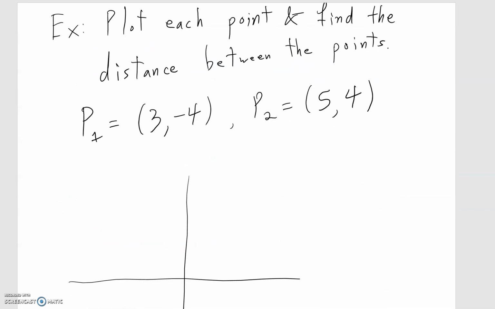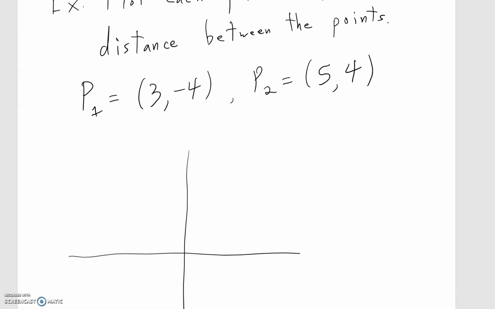So in this example, you need to plot each point and find the distance between the 2 points. The first point, P1, has coordinates 3, negative 4. Remember that the first coordinate that's listed in a point is the x coordinate. The second coordinate is the y.